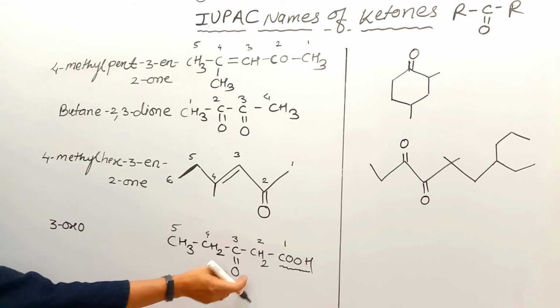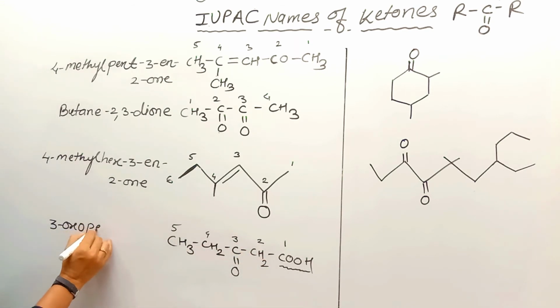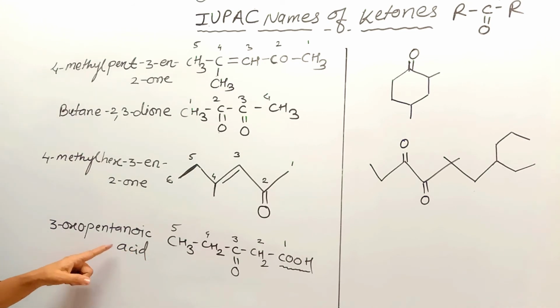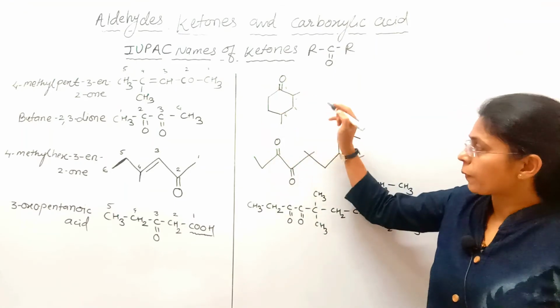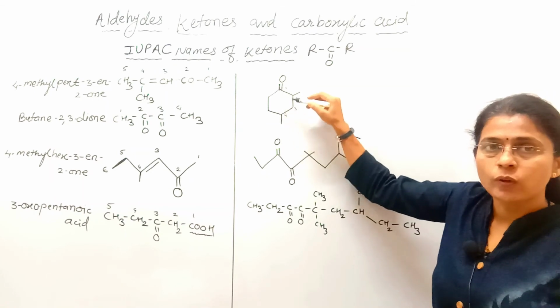Okay, 3-oxo, 5 carbon, hence pentane. E is replaced by OIC acid. So pentanoic acid. So the name is 3-oxo-pentanoic acid.